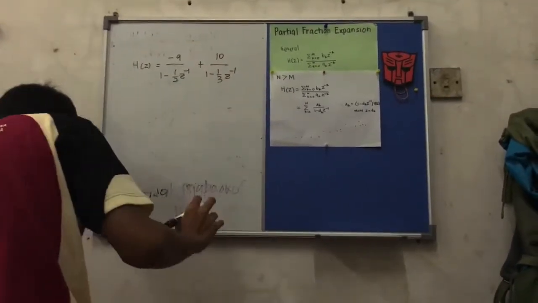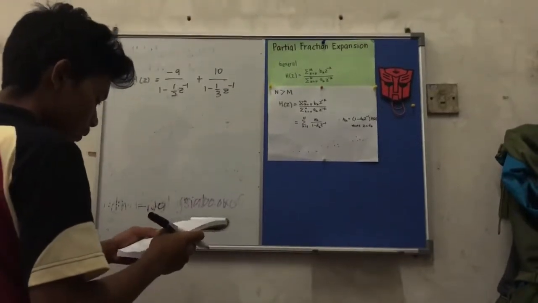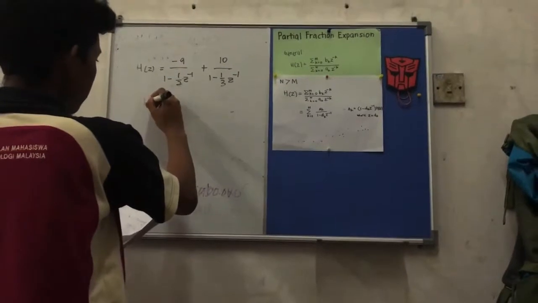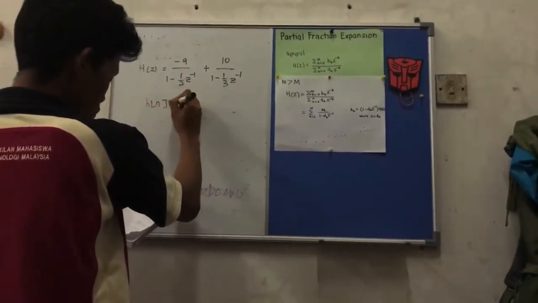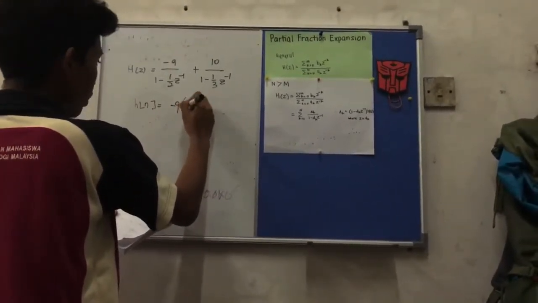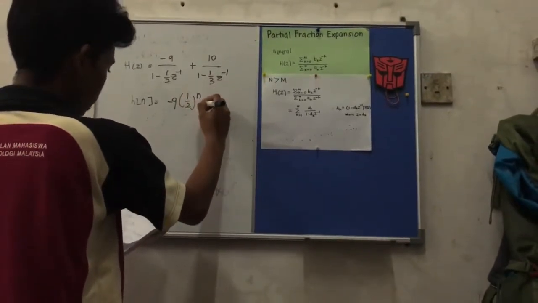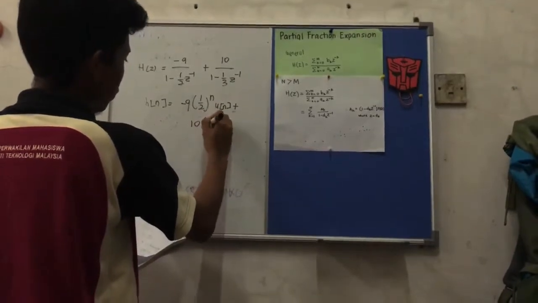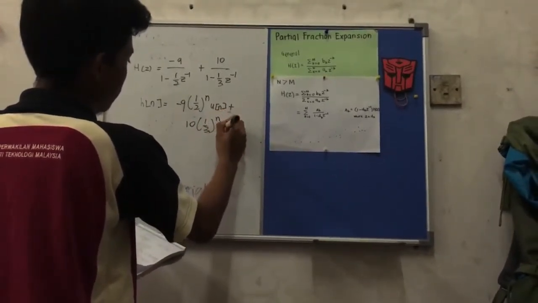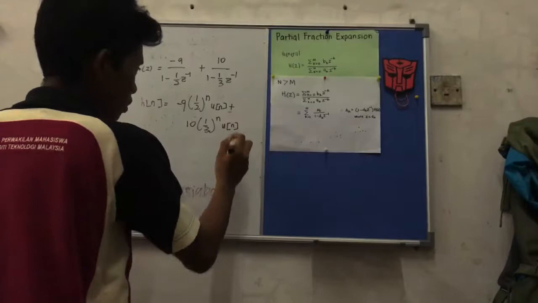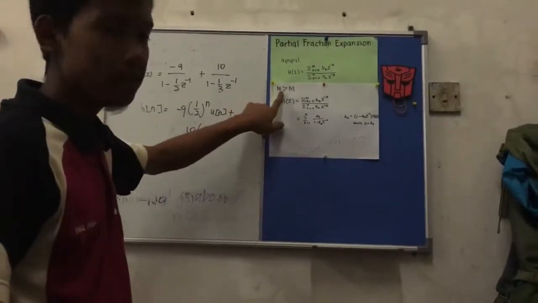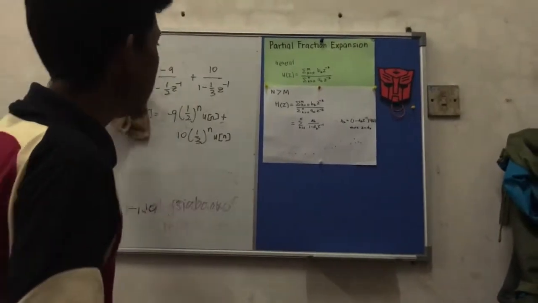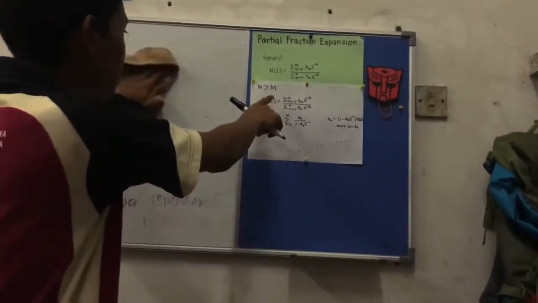So if we follow table number 5, pair number 5, we got h[n] equal to negative 9 (1/2)^n u[n] plus 10 (1/3)^n u[n]. So this is the case for which N is larger than M. So we are going to proceed to the case where M is larger than N.